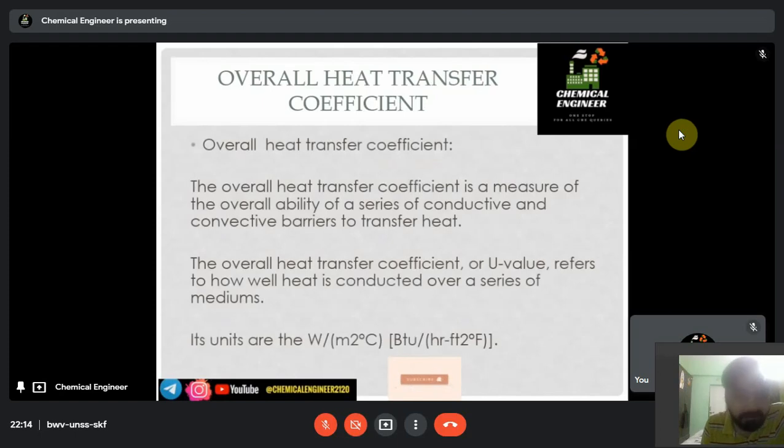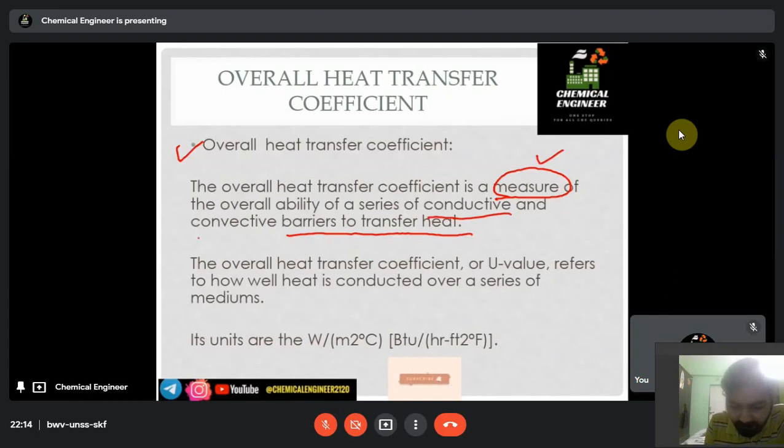So overall heat transfer coefficient. The overall heat transfer coefficient is a coefficient which is used to measure the overall ability of a series of conductive and convective barriers to heat transfer. So what is overall heat transfer coefficient?